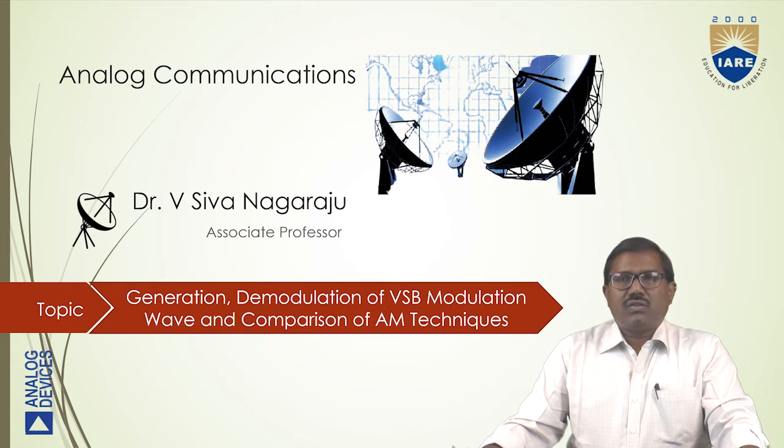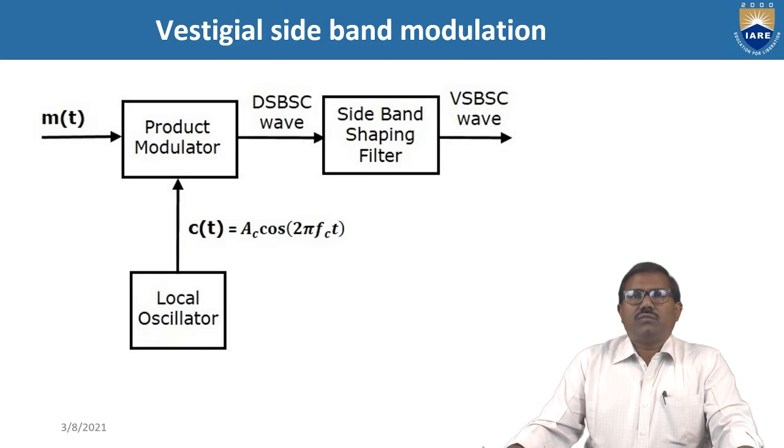Okay. So now we are going to enter into our topic, generation. This is the block diagram we require for the generation of VSB. We have a product modulator, local oscillator, and sideband shaping filter.